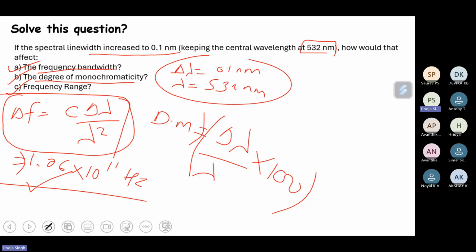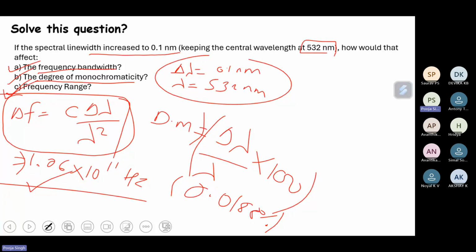Anyone get it? Anyone solved it or not? 0.018%. Yes. 0.0188 percent.